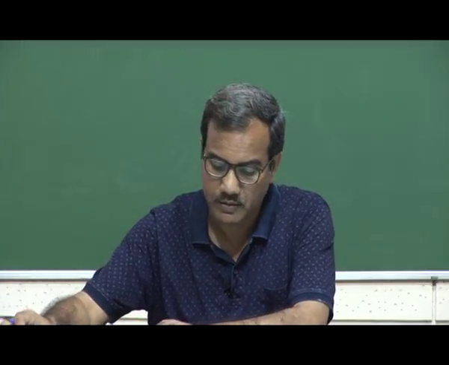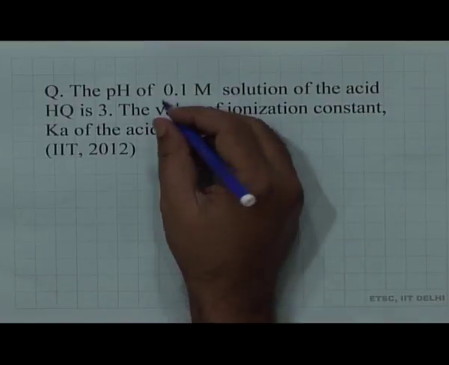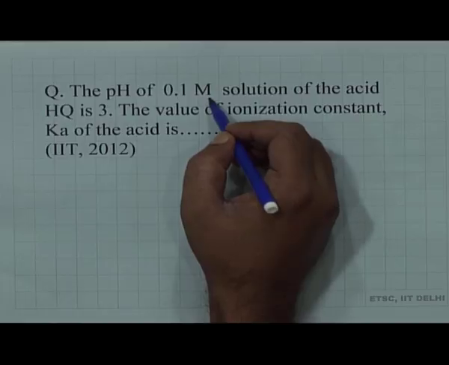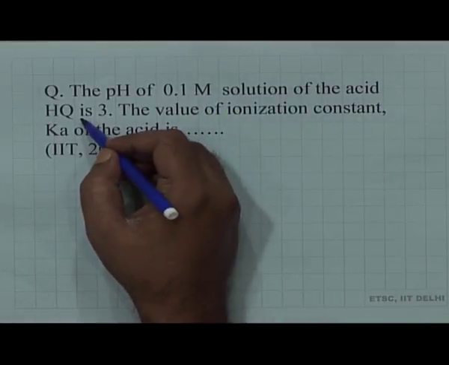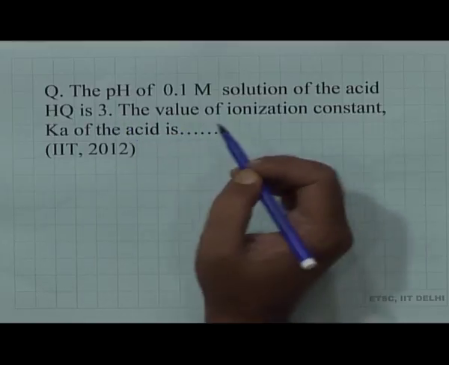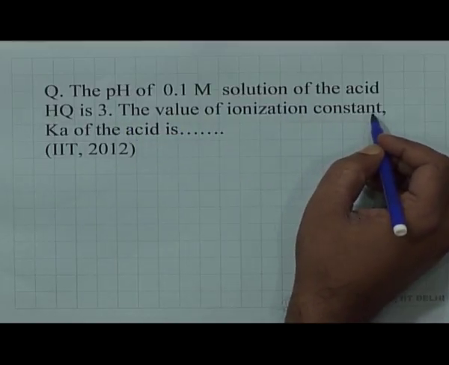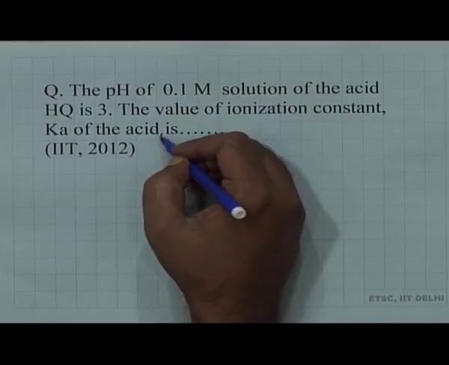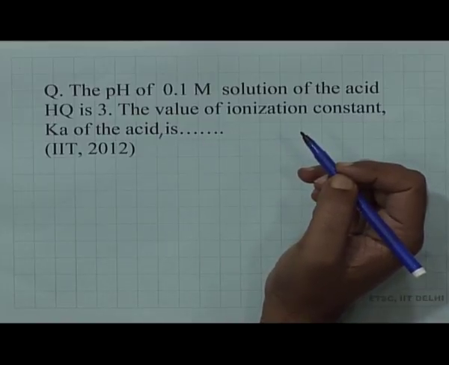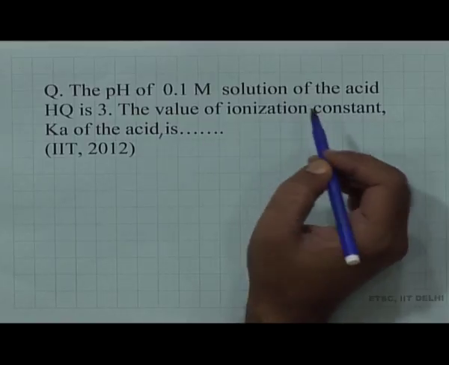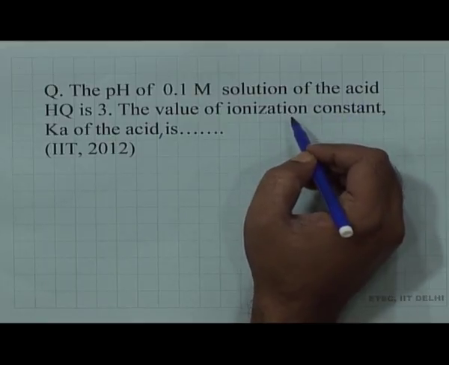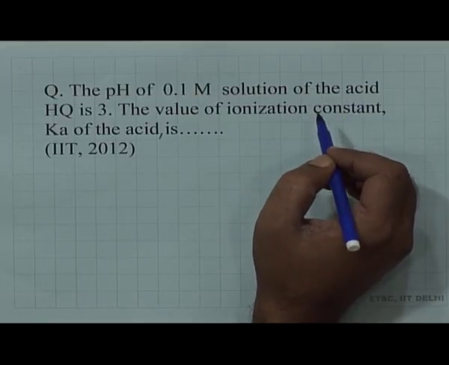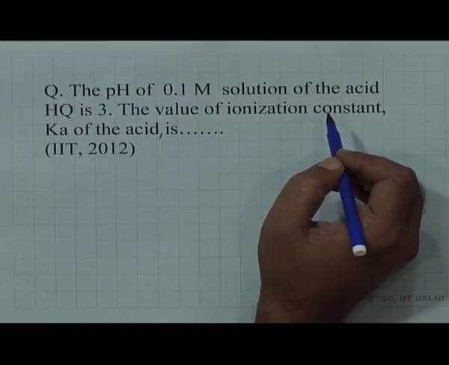Now, next question is this: the pOH of 0.1 molar solution of the acid HA, weak acid, is 3. The value of ionization constant Ka of the acid is. Okay. So, pH is given for the acid and you have to tell Ka, what is the value of Ka.